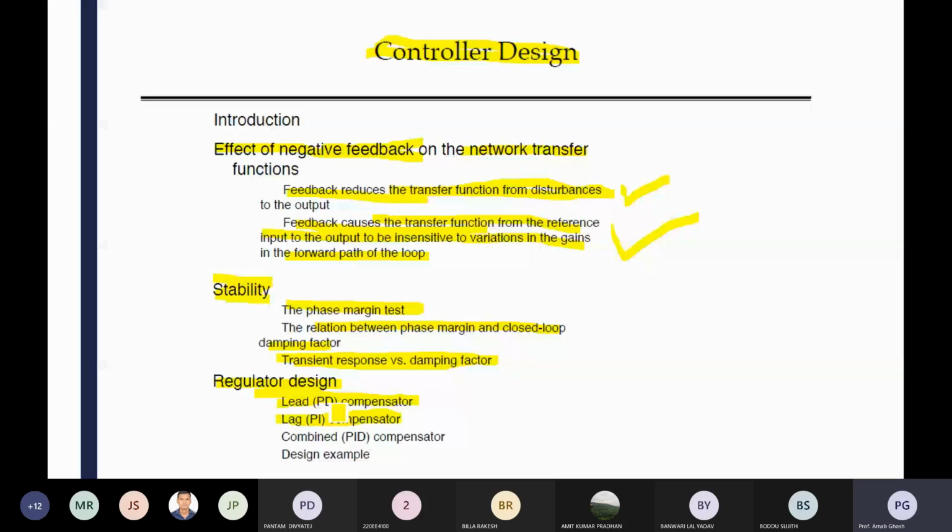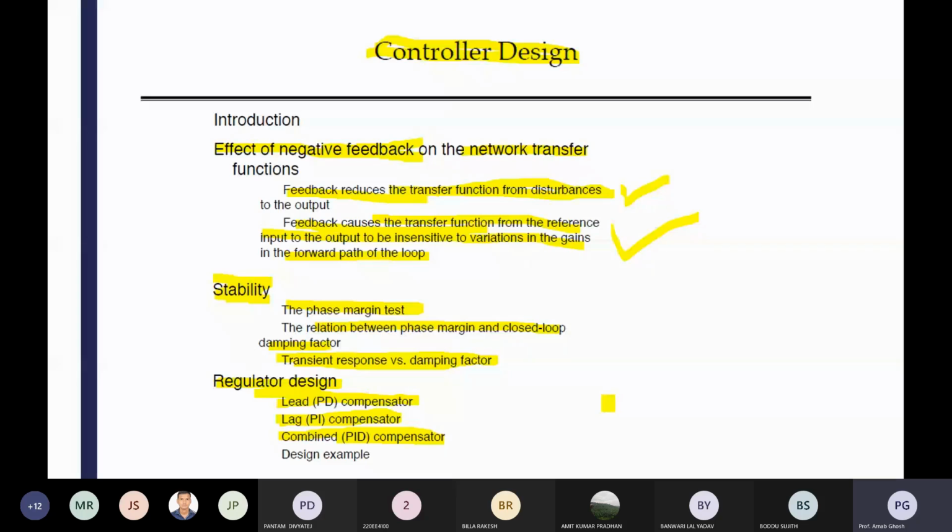Lag type means PI type compensator. Combined, that is PID. Other combinations are also possible, like lead lag compensator or lag lead compensator.